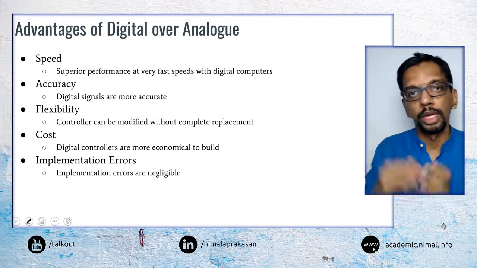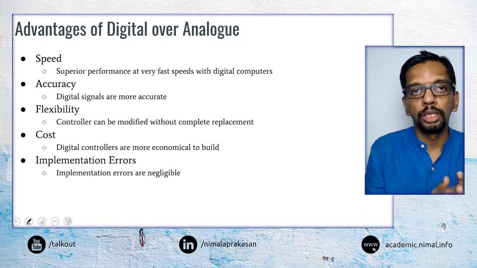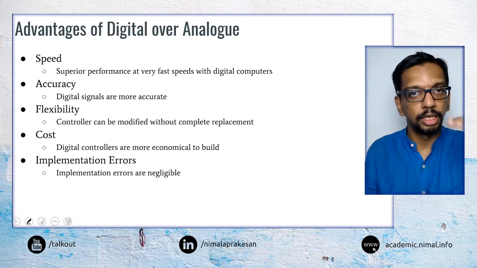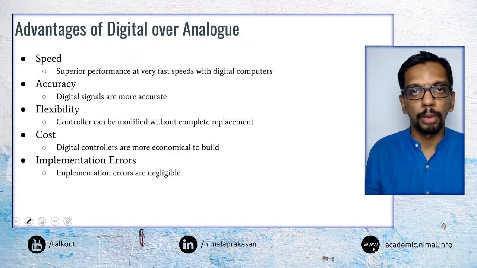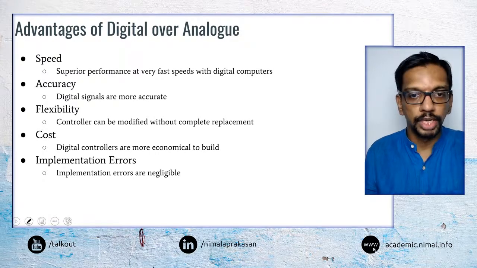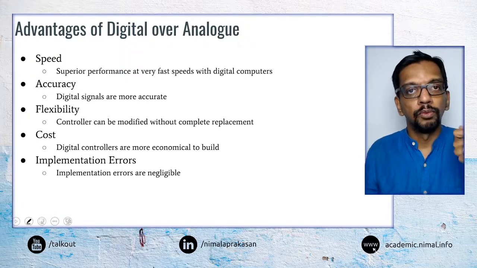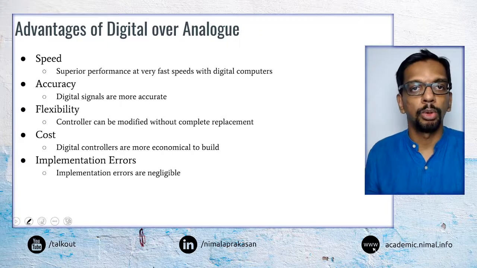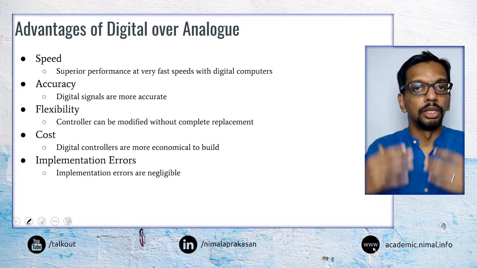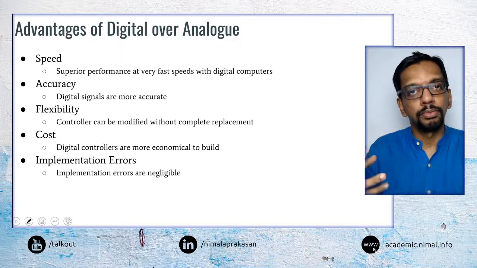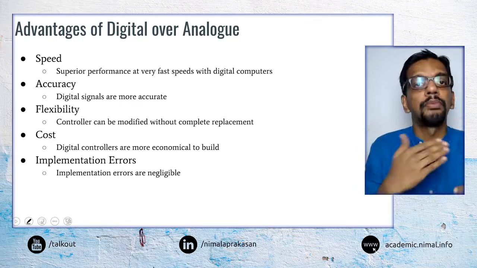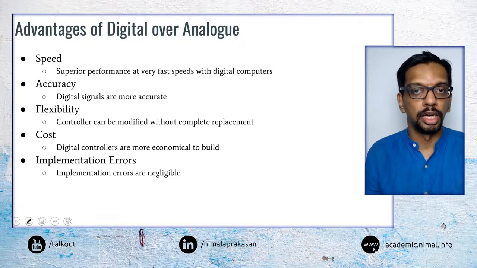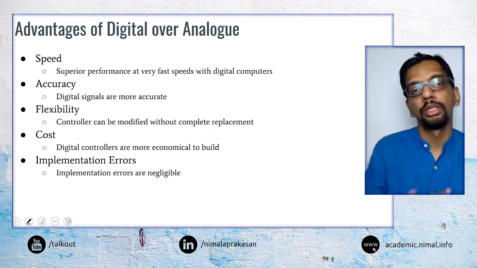But if we are doing them as digital systems, the advantage is all the logic is part of a program code. So then we can do verification of the code, and even when we are implementing, we can fix these errors much more effectively, so that we can reduce the amount of errors, and even if there are any errors present, we can fix them much more quickly, much more efficiently with digital systems. So this is particularly comparing to analog systems.